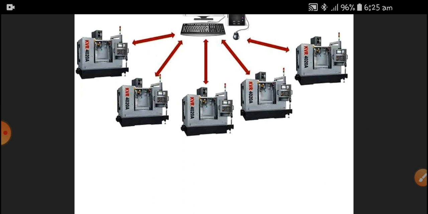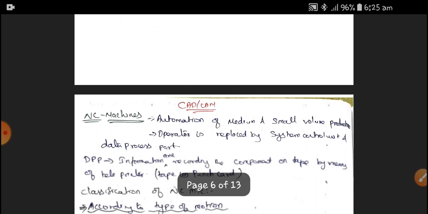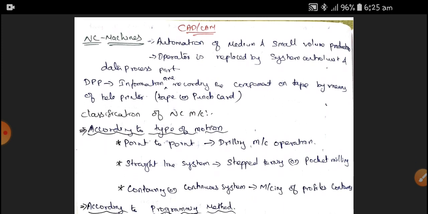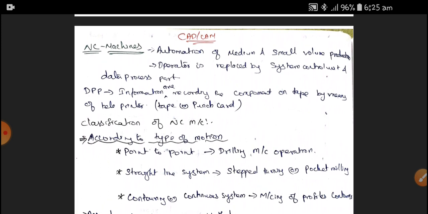So with this information I would like to start my notes on NC machines. An NC machine is an automation of medium and small volume production. The operator is replaced by the system control unit and the data process part, called DPP.